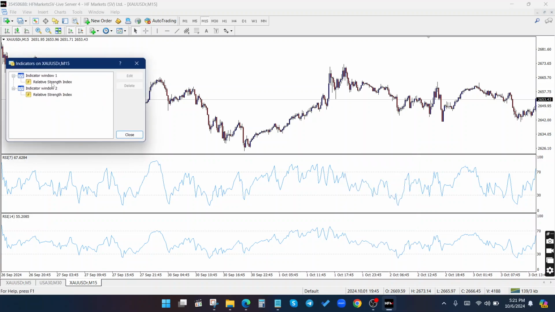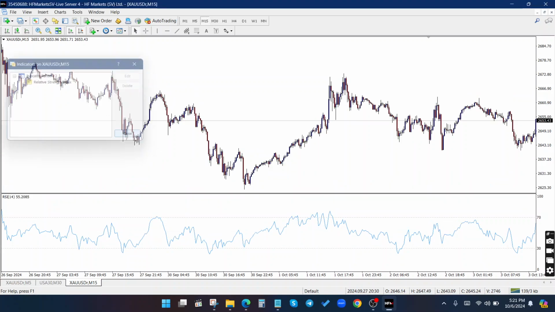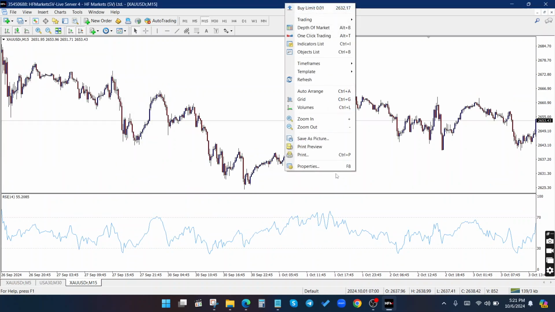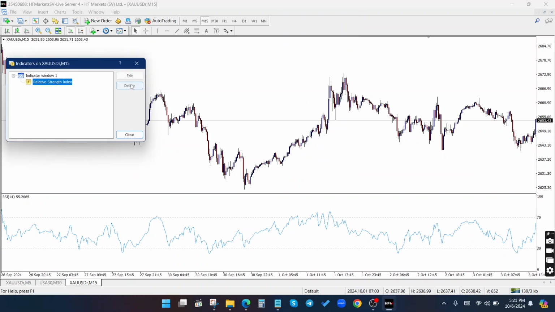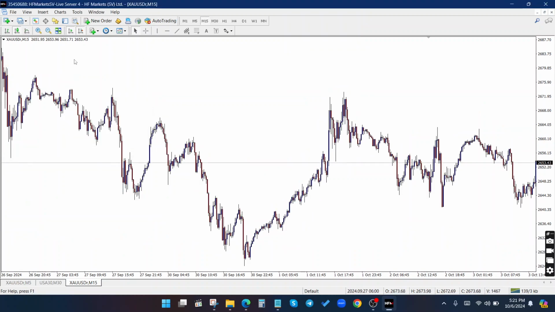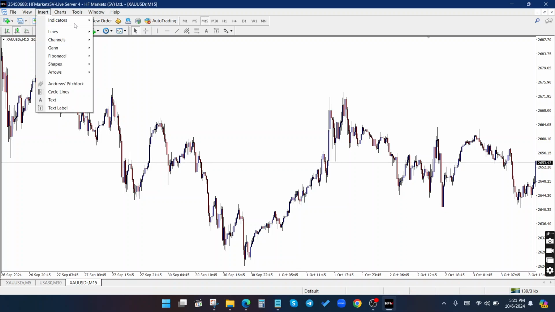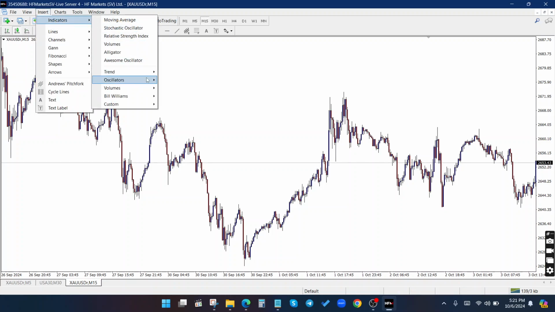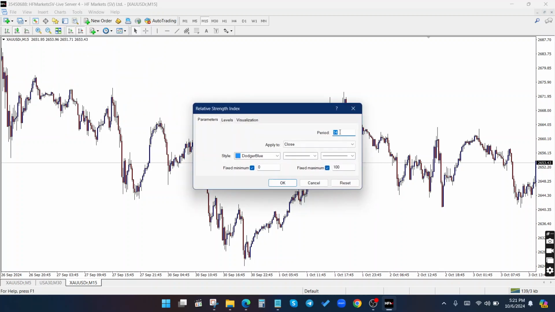Let me just remove both indicators so that I can explain everything afresh. So now when you want to add your RSI, come to oscillators, RSI, the default setting is 14 period, right?